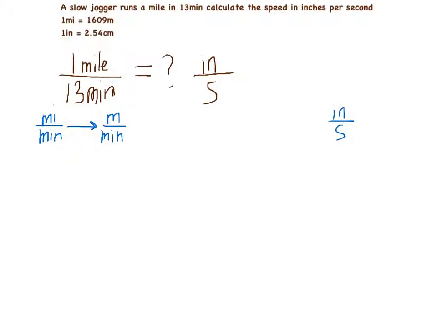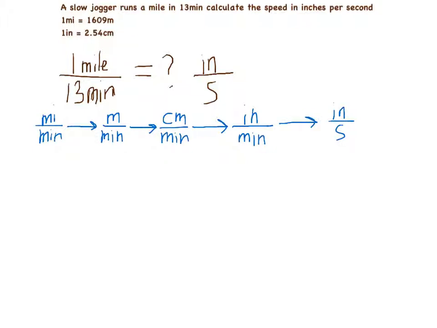Okay, because we didn't do anything in the minutes. And then we're going to convert the meters into centimeters per minute. Alright, looking good. And then we can convert the centimeters, based on that conversion factor they gave us, into inches per minute.